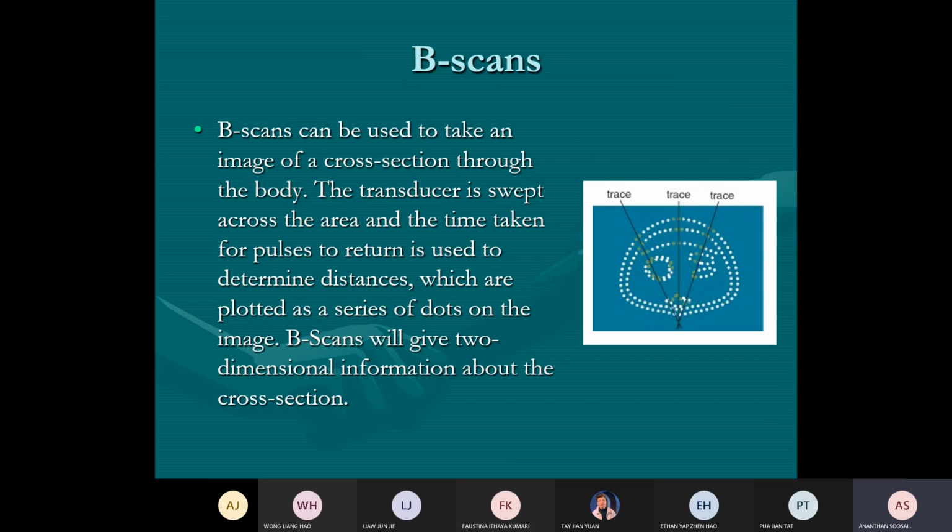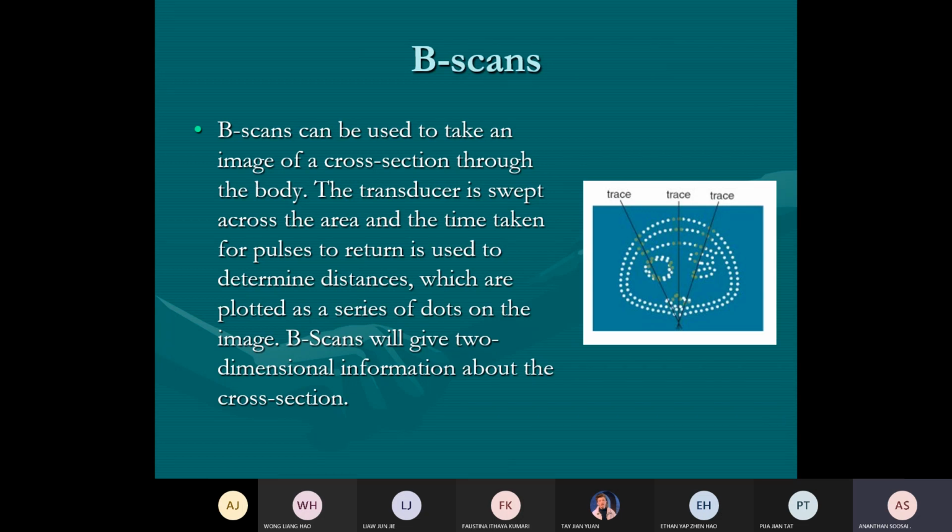So B scan can be used to take an image of a cross section through the body. The transducer is swept across the area, and the time taken for the pulse to return is used to determine the distance, plotted as a series of dots on the image.